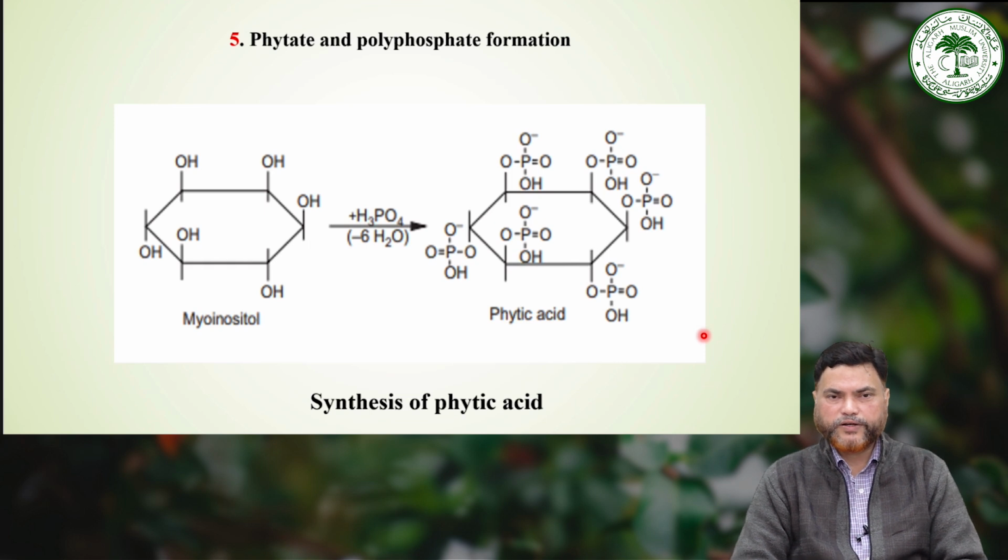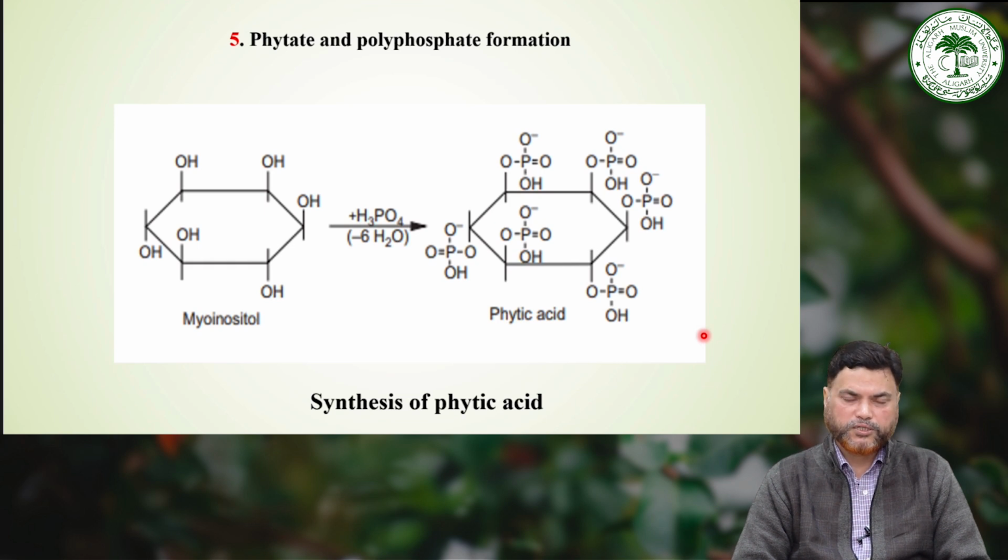Now, role of phosphorus in phytate and polyphosphate formation. So, when the supply of phosphorus increases from deficient to sufficient levels, the concentration of major phosphorus fraction in vegetative plant organs also increase.